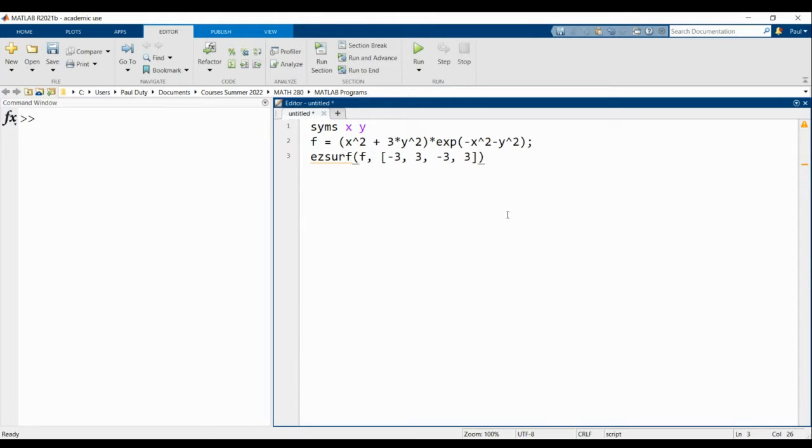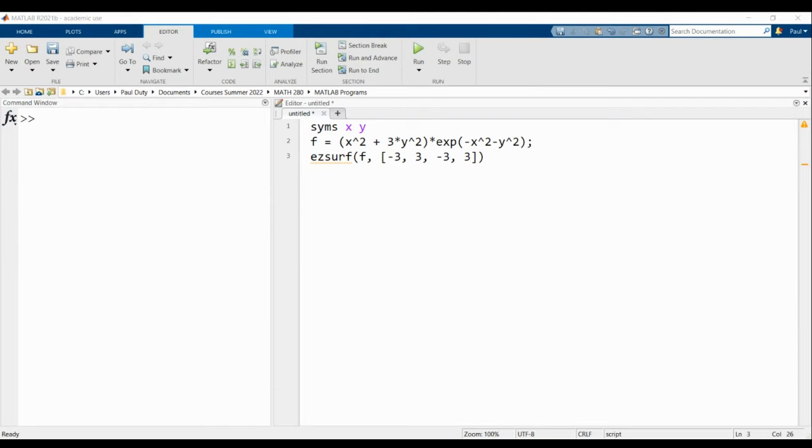The way MATLAB works is that every time you have an operation like multiply, add, subtract, divide, you need to put it in. So you see there the times between the two functions. On a TI calculator, you could just use parentheses or something, but here you need to have the times symbol.